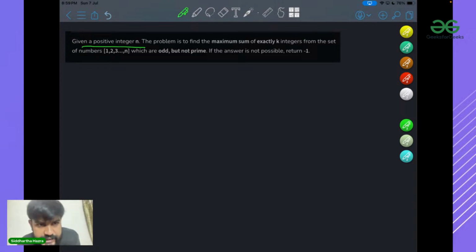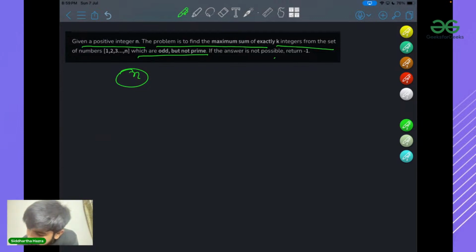Given a positive integer n, we have a positive integer n. The problem is to find the maximum sum of exactly k integers from the set which are odd but not prime. These are the only two things I require.